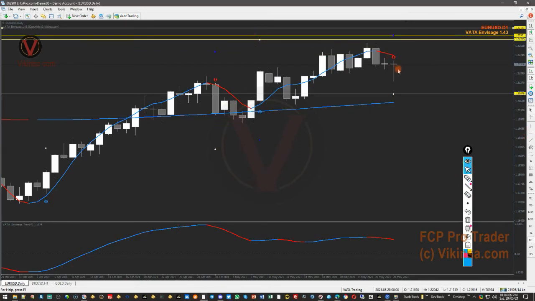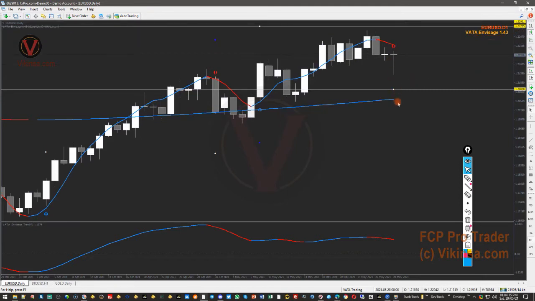So if for whatever reason it finds a bullish momentum, then I'm expecting it to reach one of these levels, 1.22785. On the bearish side, I've got these levels here. So this is what we have on Euro USD.